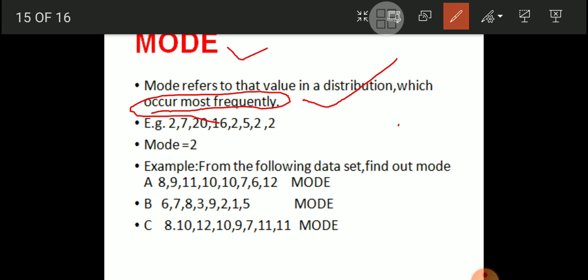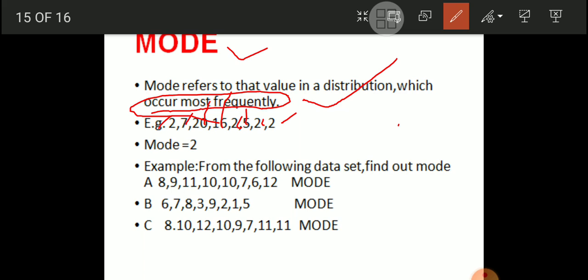Example here: suppose this is the size of one of the pods in centimeters: 2, 7, 20, 16, 2, 5, 2, 2. When we see this data, we will see what the definition of mode is: the value in the distribution which occurs most frequently.